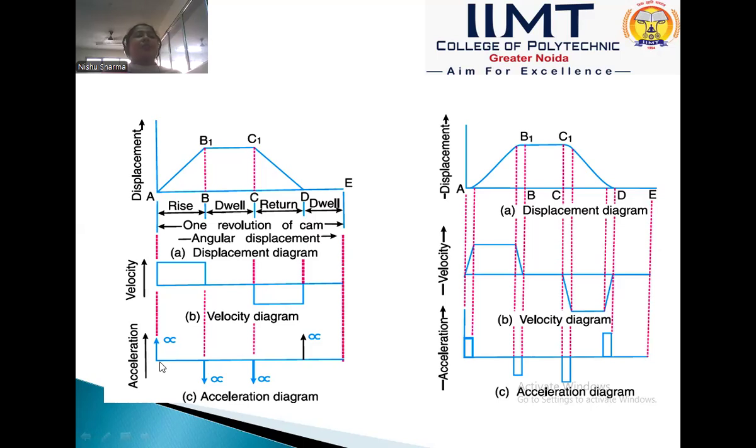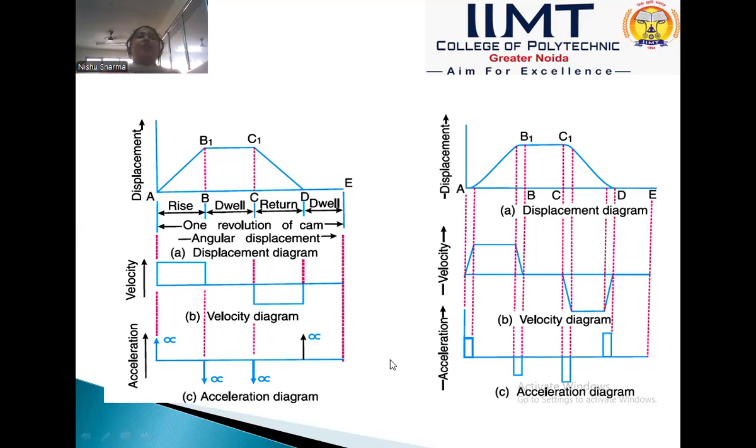At the starting point the time is zero, and we know that acceleration is the rate of change of velocity with respect to time. When the time is zero, the acceleration value is infinite.